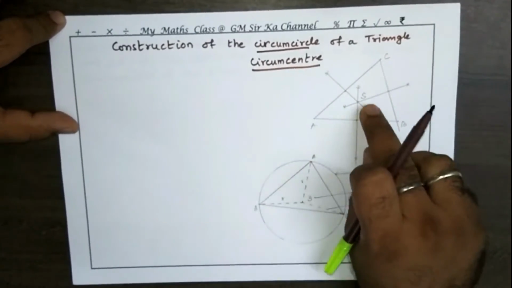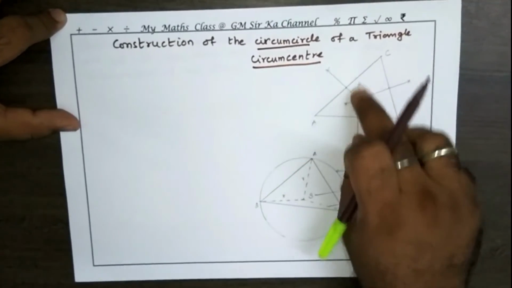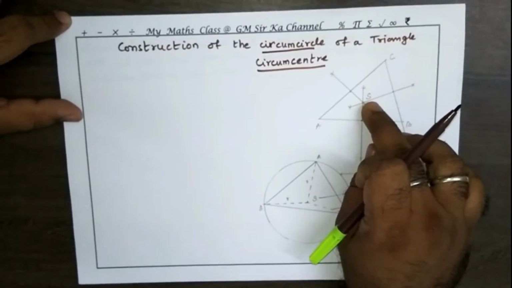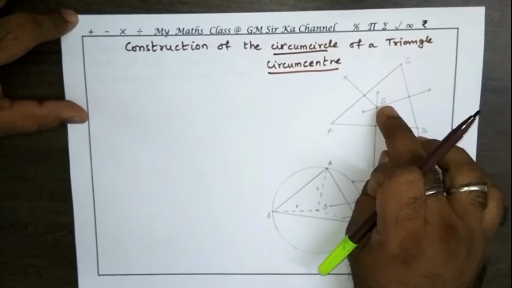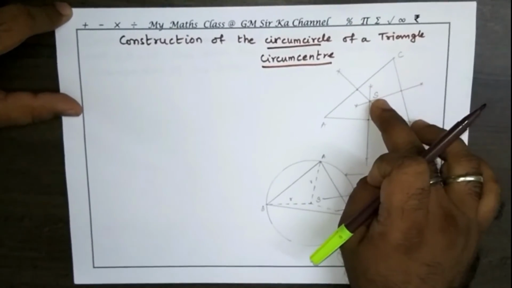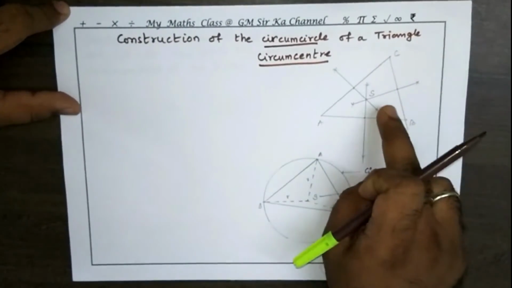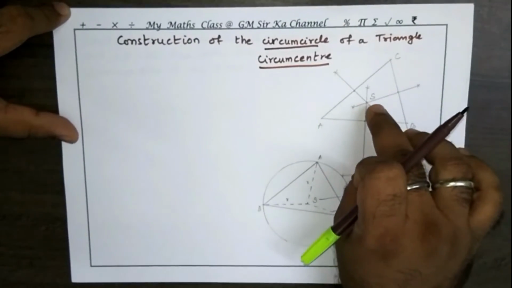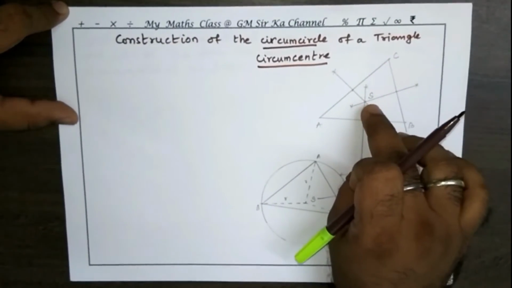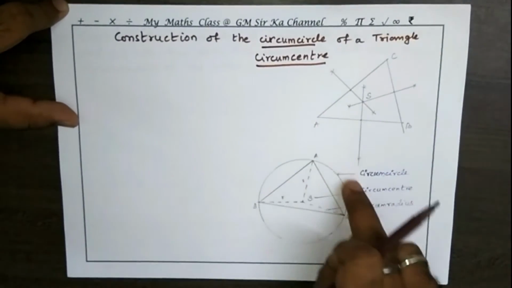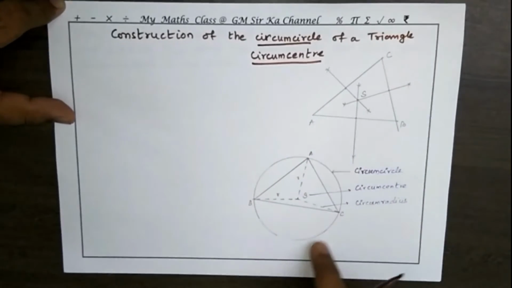You can see all the perpendicular bisectors meet at the point S. So the point of concurrency or the point of intersection of the perpendicular bisectors of a triangle is called the circumcenter of the triangle, and using this point S, the circumcenter, we have to draw a circle which passes through all the vertices of the triangle.